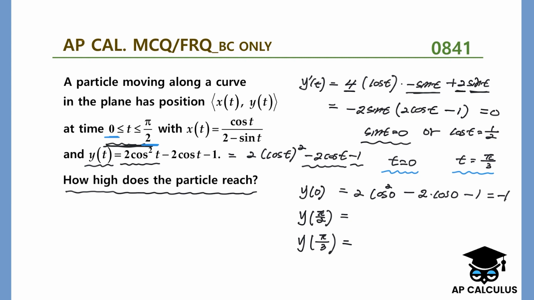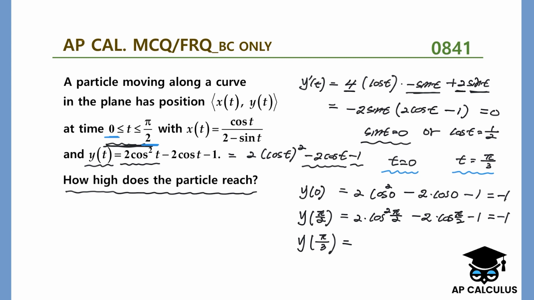That's minus 1. Okay, and y of pi over 2 is 2 times cosine squared pi over 2 minus 2 times cosine pi over 2 minus 1. Cosine pi over 2 is equal to 0, so this is just negative 1.